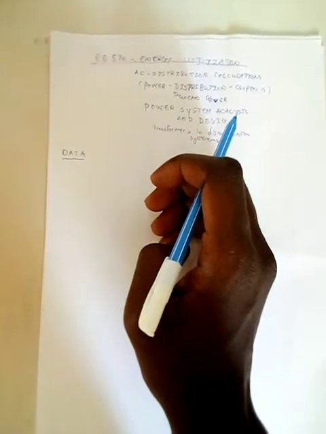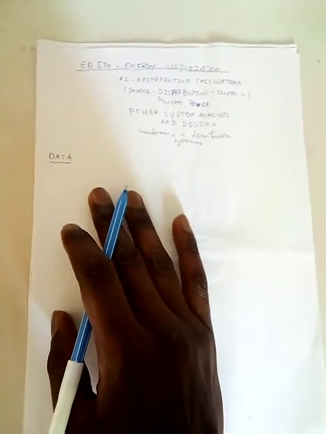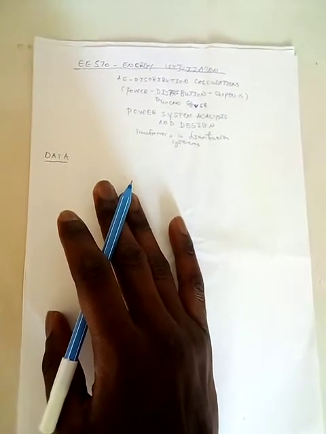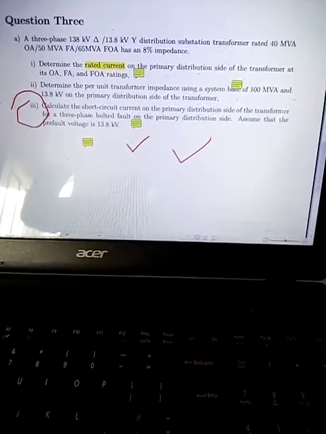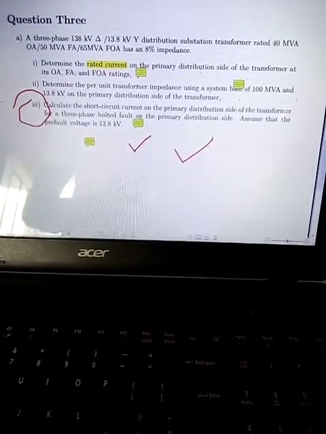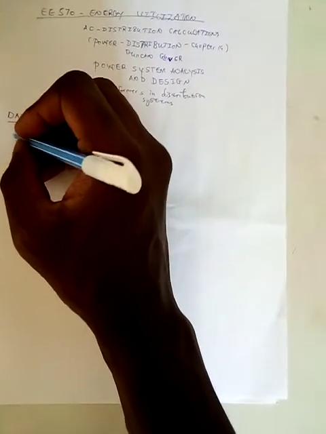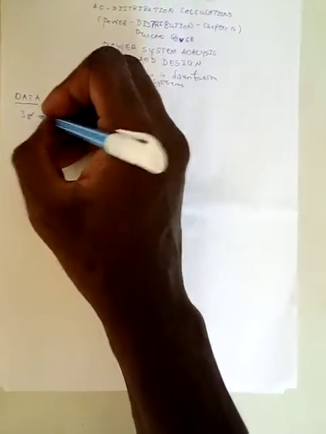So real quickly, I think we can just pause the video for a bit so that you can collect the data as well. So this is the question. You can pause the video and simply collect the data, then we continue. So from the question, we have a 3-phase distribution transformer.